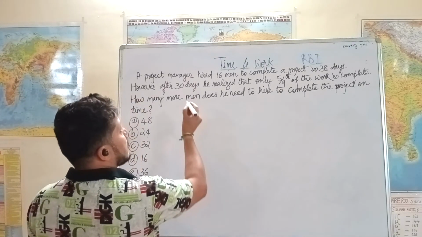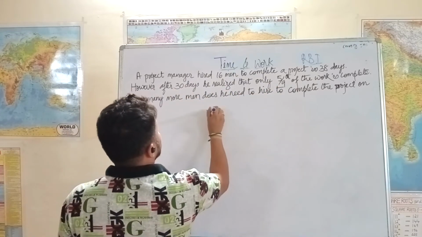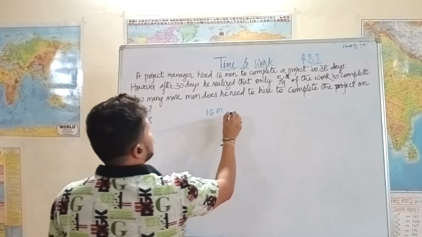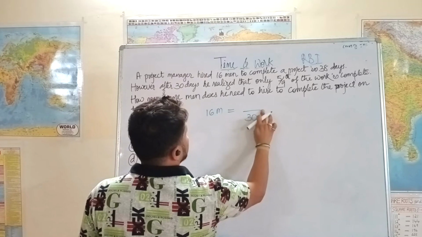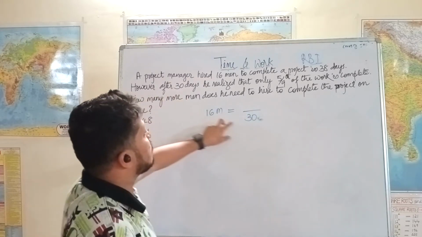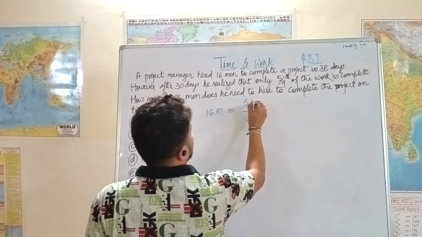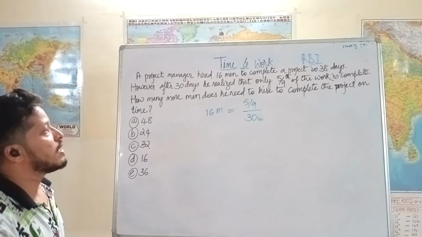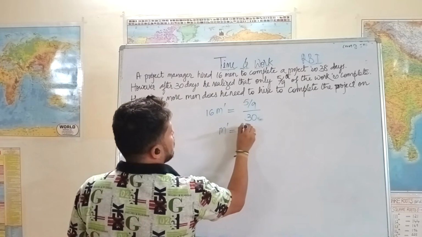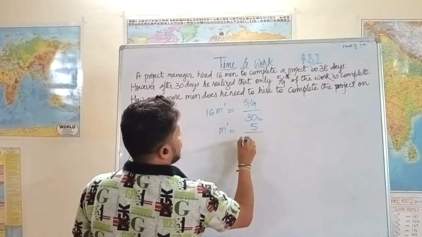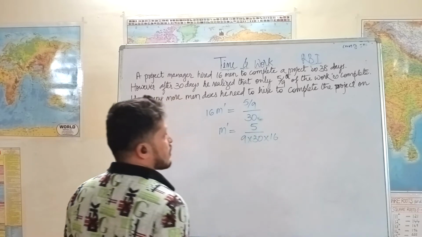So let's find the efficiency of men first. See here, 60 men work for 30 days, but how much work did they complete? Not the complete work, only 5/9 of the work they completed. That means the efficiency of each man is 5 divided by 9 into 30 into 60.